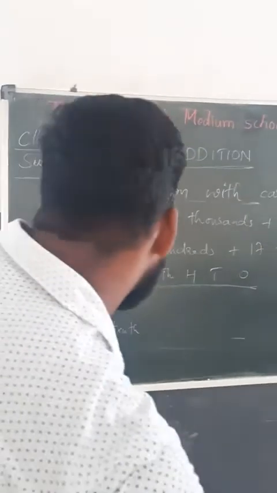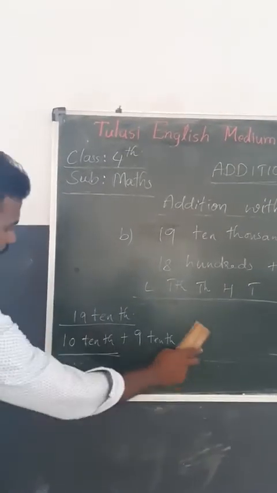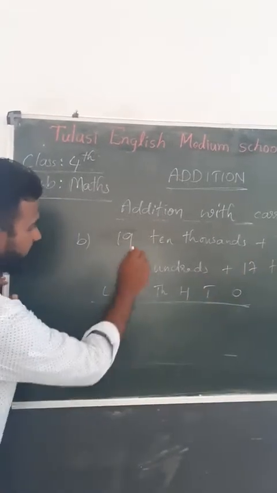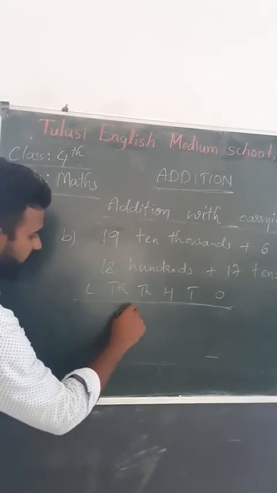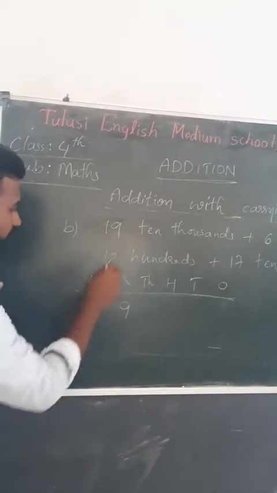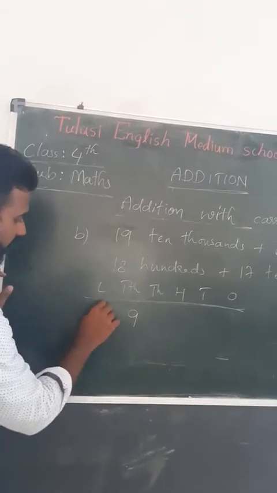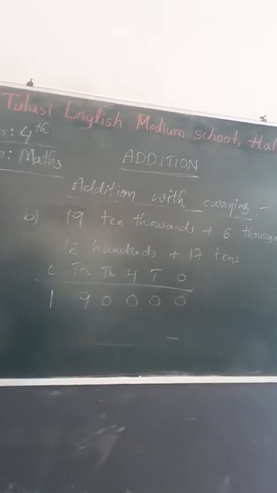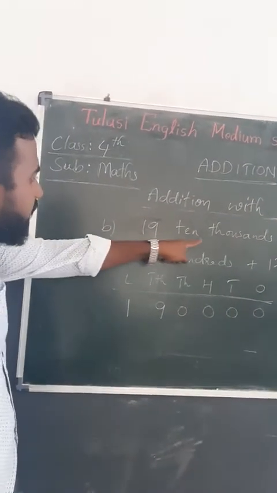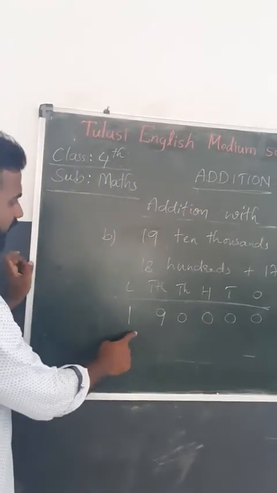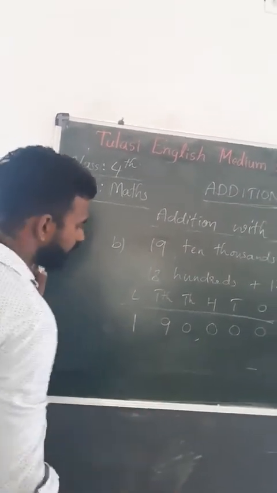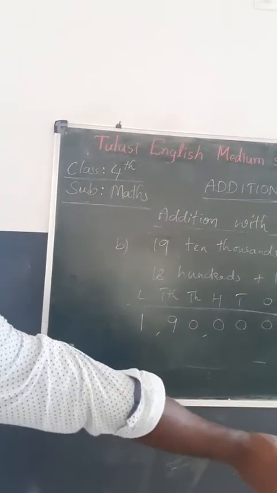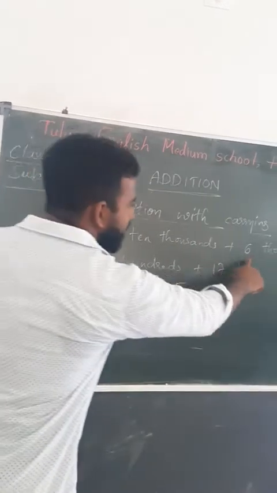Okay. So in 19 ten thousands, in the 10,000 place I am writing 9 and 1 I am writing in the lakhs place, remaining 0. 19 ten thousands means 1 lakh 90,000. 1 lakh 90,000 plus 6,000, very clearly.